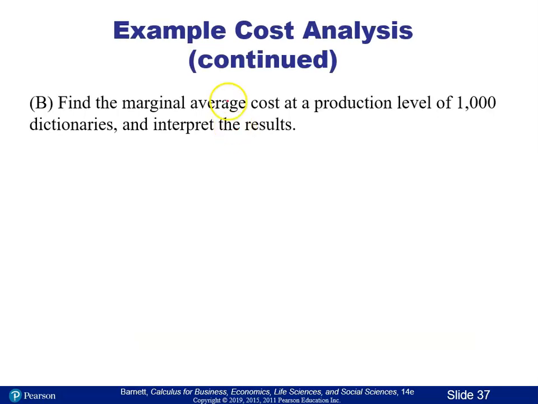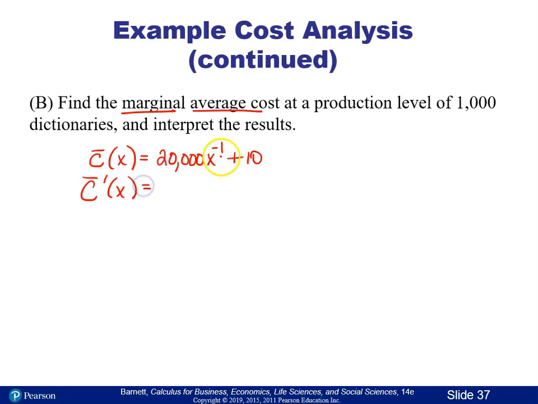All right, so we want to find the marginal average cost. So marginal tells us we're taking the derivative of the average cost. So average cost, we already determined that that function is 20,000 x to the negative 1 plus 10. So if I'm going to take the derivative of that, okay, that means I'm going to have 20,000, I'll bring that negative 1 down, decrease my power by 1, and then the derivative of 10 is 0.